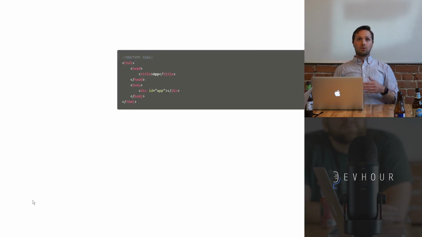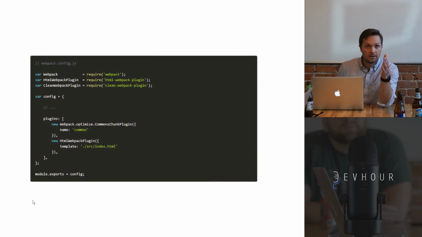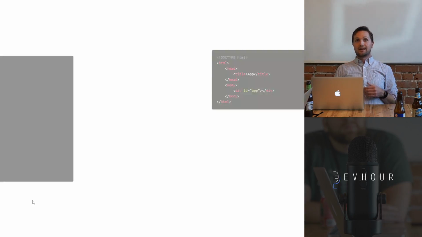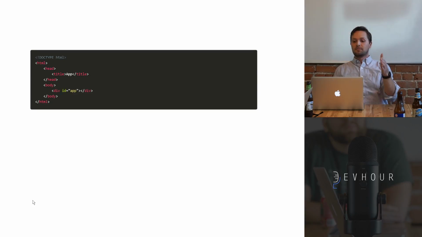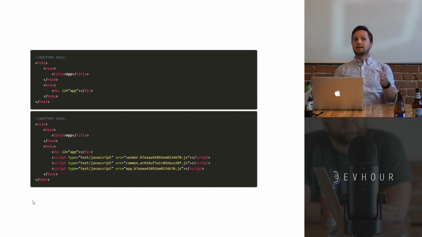You can see in this declaration we're pointing it towards a certain template. And if that template looked like this, it would output like this with our bundles after it was compiled. So Webpack will handle that for you under the hood by itself.